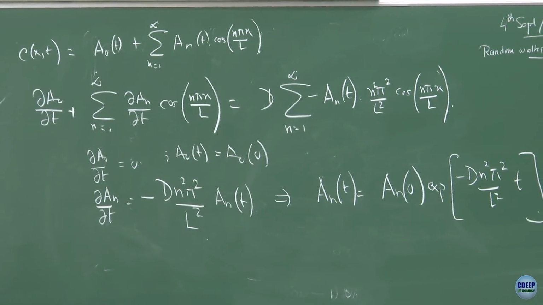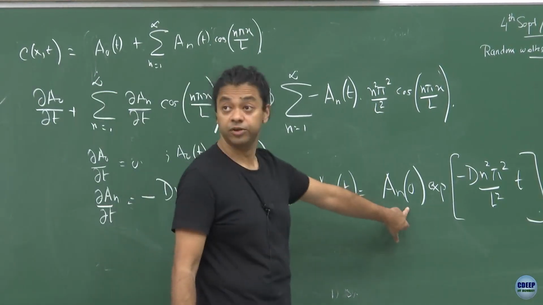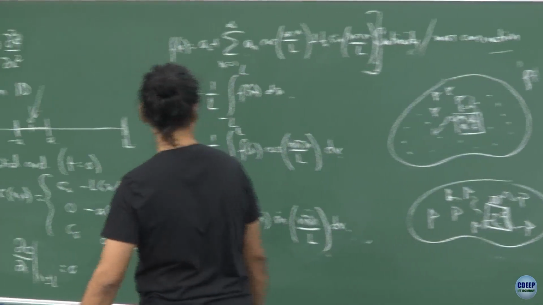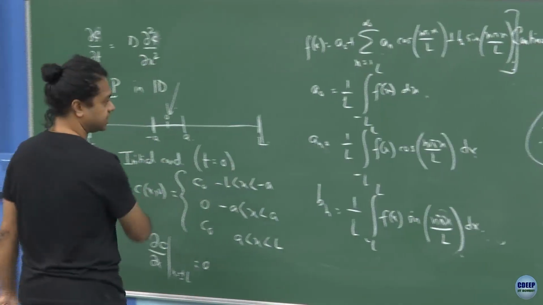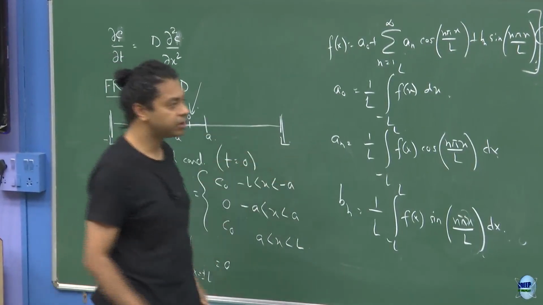Now, all that remains is that you need to know what these initial a n of 0s or a naught of 0 are. Because you know the initial concentration profile, you can just substitute this C of x into these and read off the a naught and the a n's at the initial time point, right.